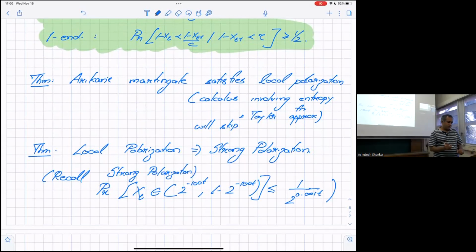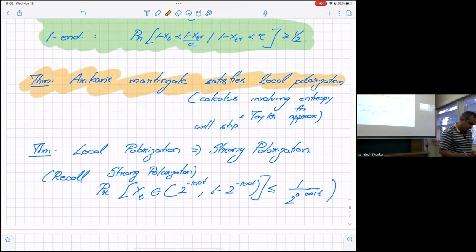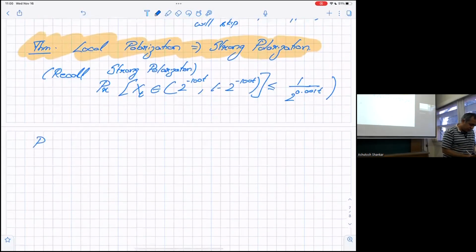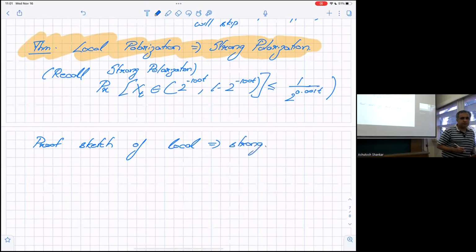The actual theorem will be obtained by these two. Here is the high level proof sketch of local implies strong.